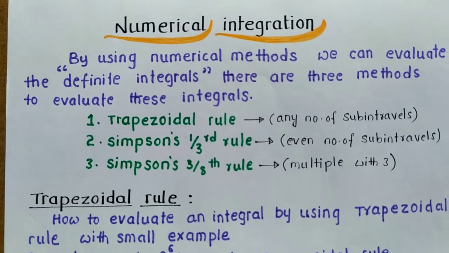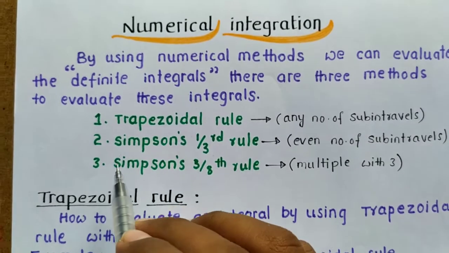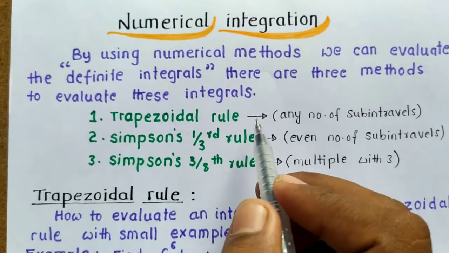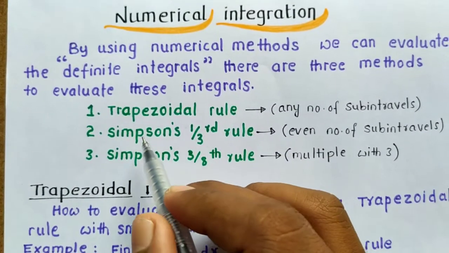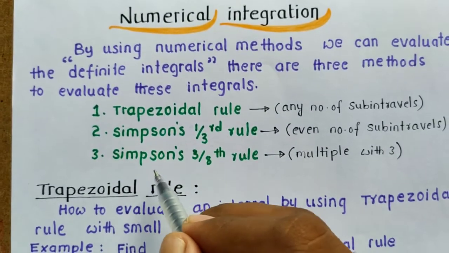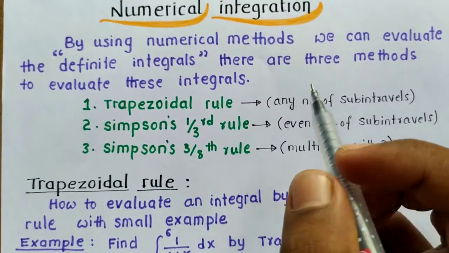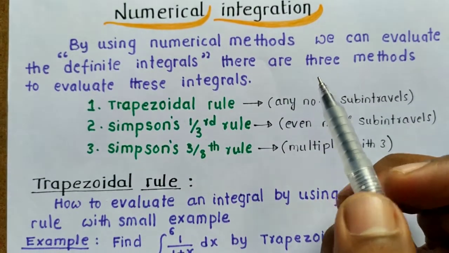The first method is the trapezoidal rule, the second one is Simpson's 1/3 rule, and the third one is Simpson's 3/8 rule.